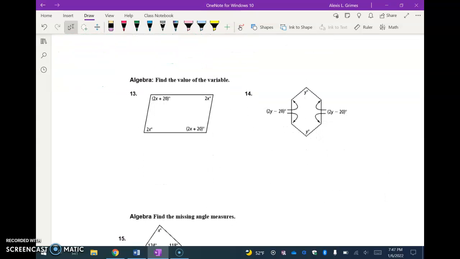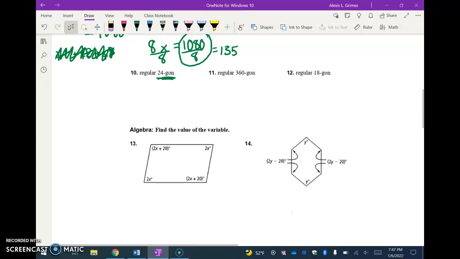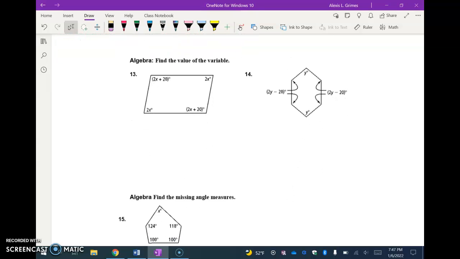Now, these are really tricky for a lot of you, and they're very important. We need to know how to do these. And they're really not so bad. They just look scary. It says find the value of the variable. We know how to find all of the inside, right? That's what we did first. All of the inside ones is n minus 2 times 180.